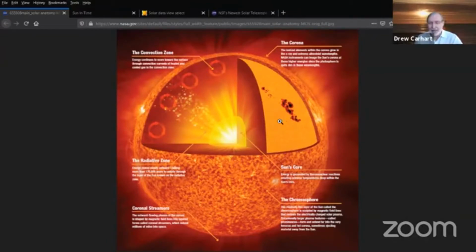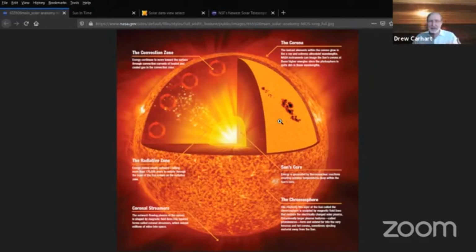They're caused by the magnetic lines of the sun. The sun has a strong magnetic field, just like a bar magnet, with loops coming out of the poles that reconnect to the other side. But in the sun, those magnetic field lines get tangled up as the sun rotates and goes through phases.